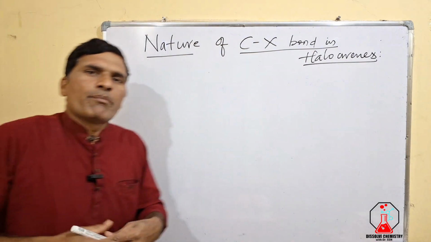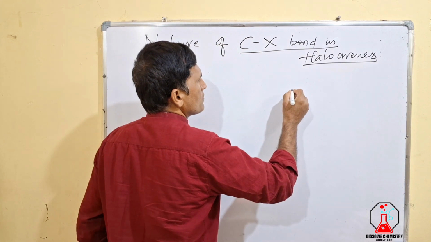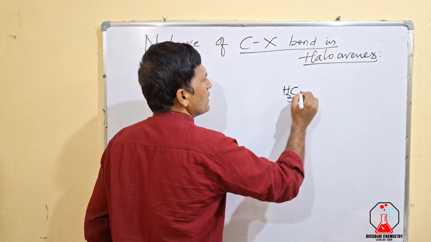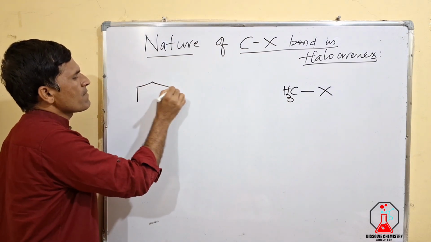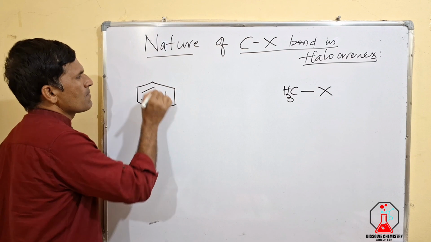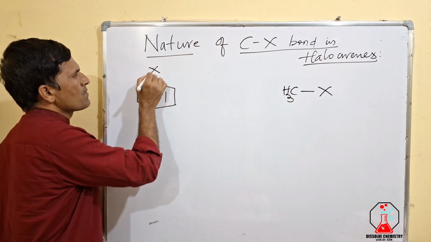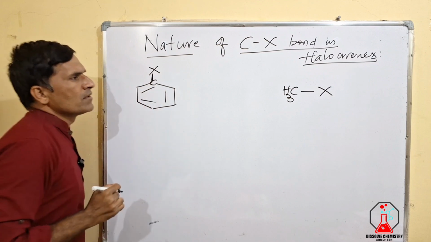First, we will see some comparative points. We take CH3X, and here we will take the aryl halide.